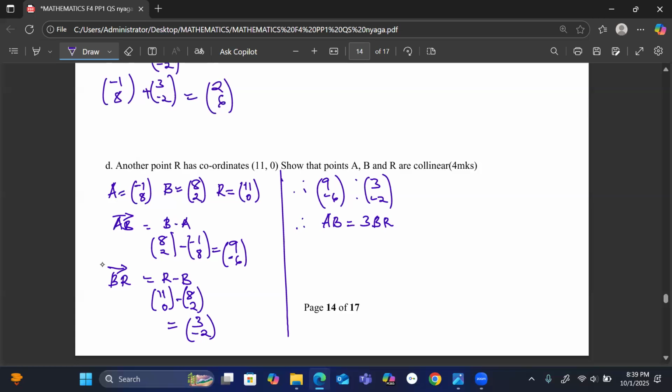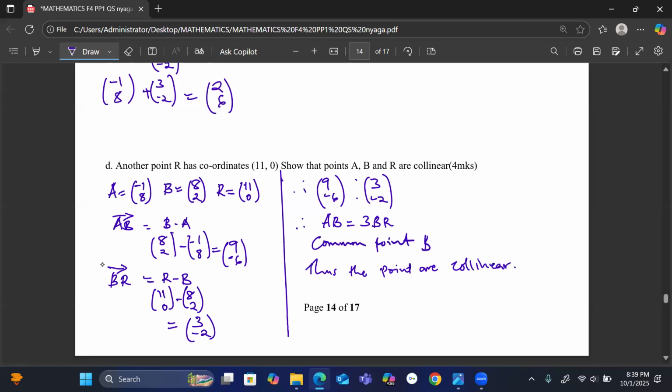So we have a common point, B. Thus, the points are collinear.